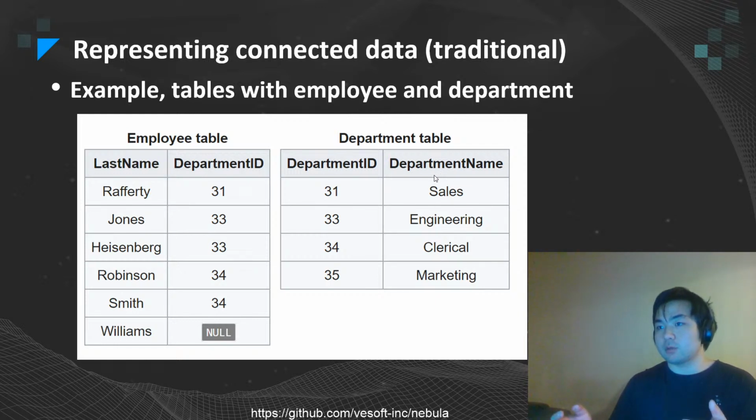However, if we want to connect both of them, we need to first get the pointer from one employee entry's name, that's Jones, and the department ID, and then use the ID to track the department name, which is located in the department table. And once we find that the department name is engineering, we can connect both of them into one big table, which has Jones and engineering together.